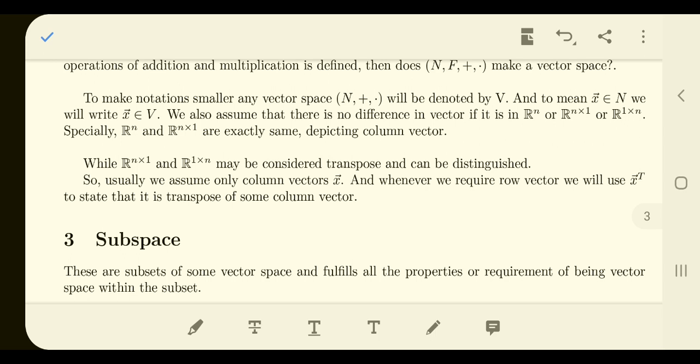A subspace is a subset of a vector space. You take some subset of the set of vectors, with everything else the same: the set of scalars is the same and both binary operations are exactly the same, only the set of vectors is a little smaller. If it follows all the properties of being a vector space, then it is called a subspace.